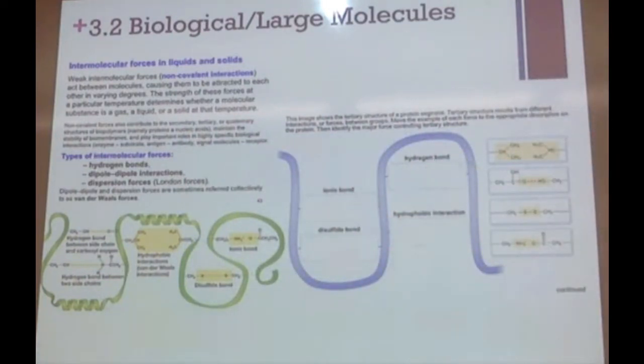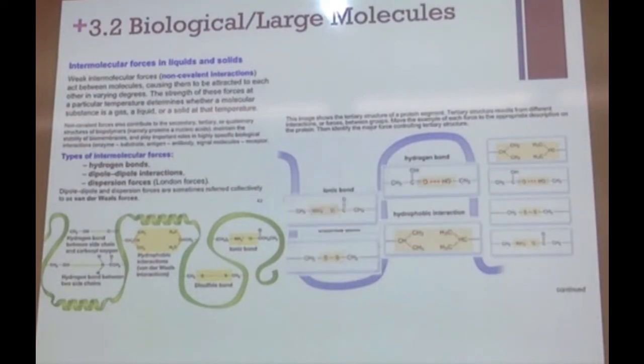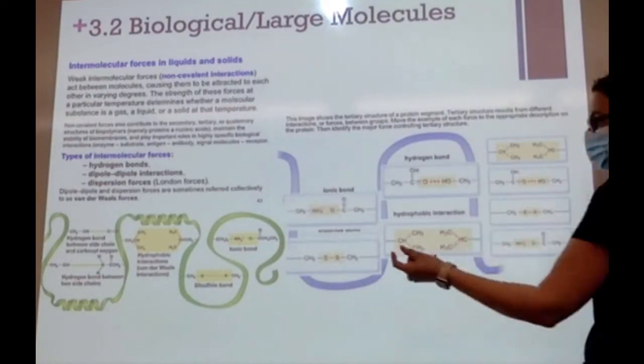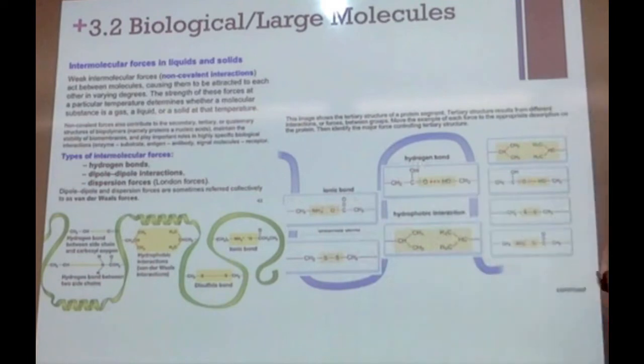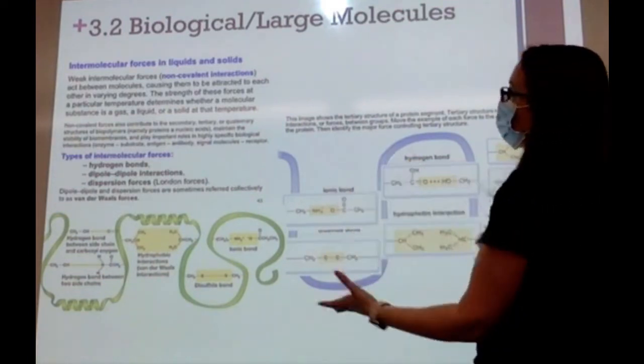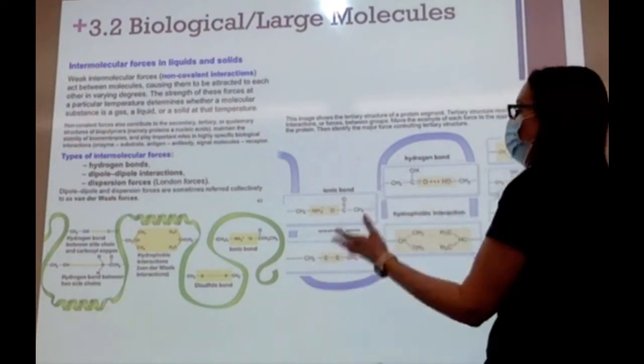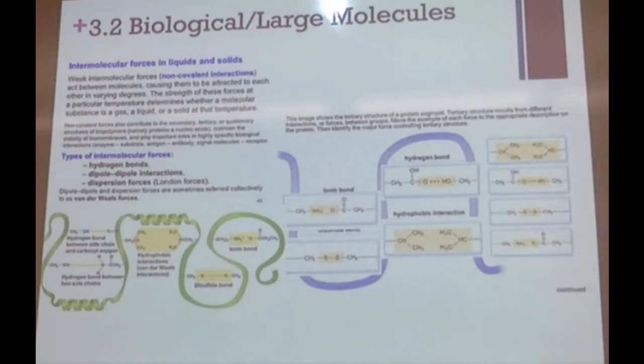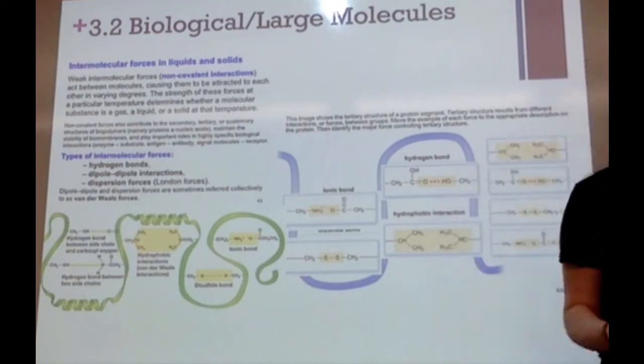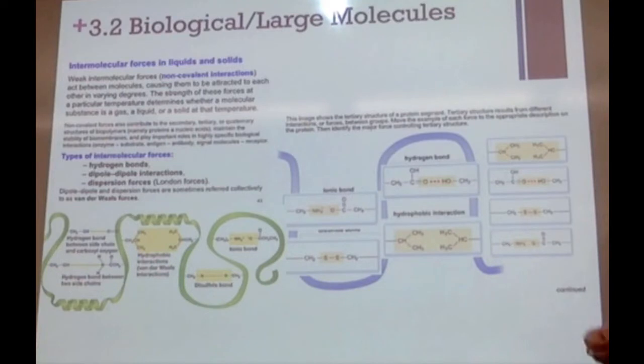It's very common to see. So for example, we could see an ionic bond. We could see a hydrogen bond. We could see London dispersion forces all in the same molecule. So that's okay if we have this big long molecule and we have different types. It's not just one intermolecular force in one molecule. Remember, everything contains dispersion. We might also see dipole-dipole. We might also see hydrogen bonding.